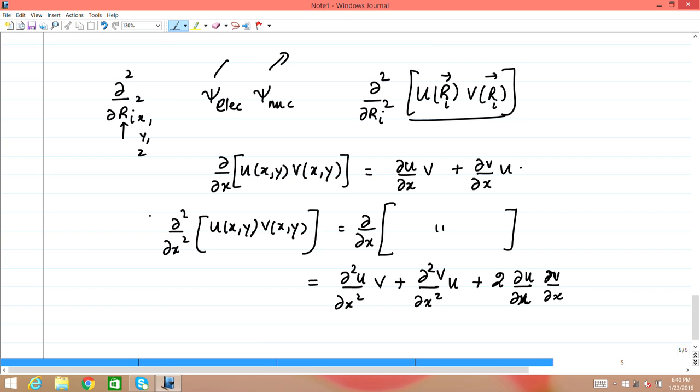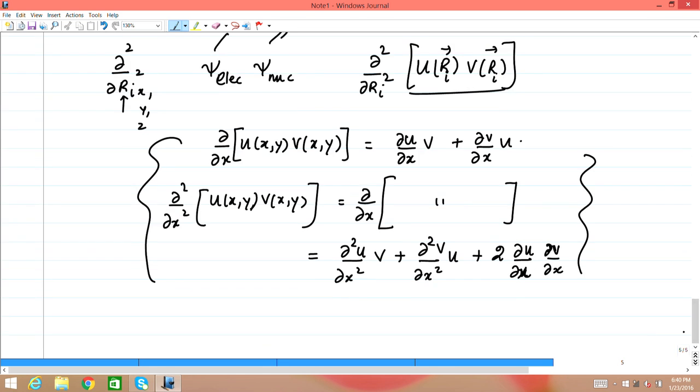Therefore, with this sort of elementary mathematics in mind, it is easy to see that the nuclear kinetic energy operator acting on the psi electronic and psi nuclear will have one Tn operating on psi electronic and the other Tn operating on psi nuclear.